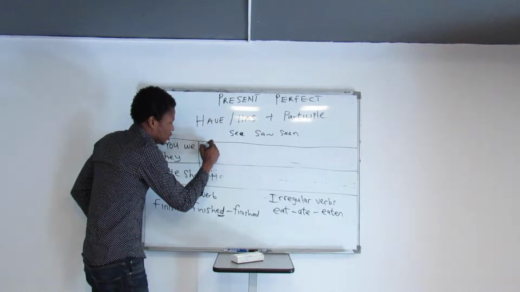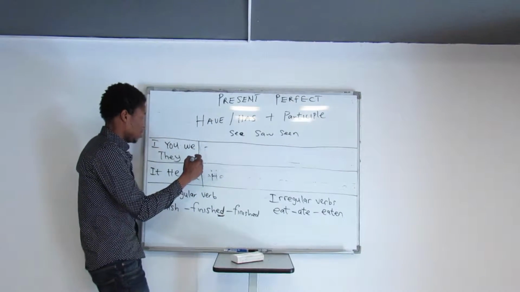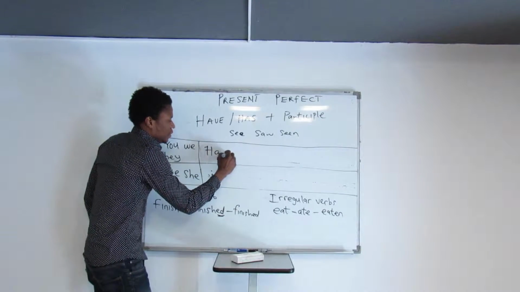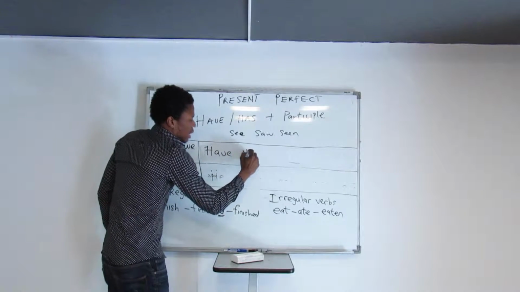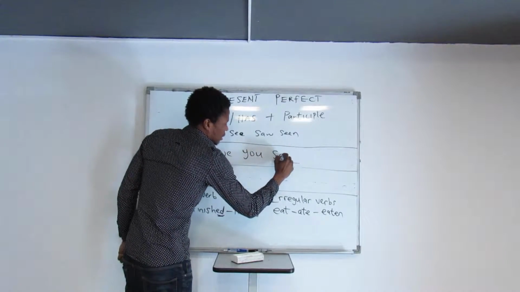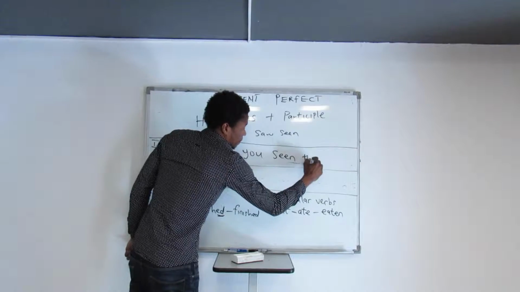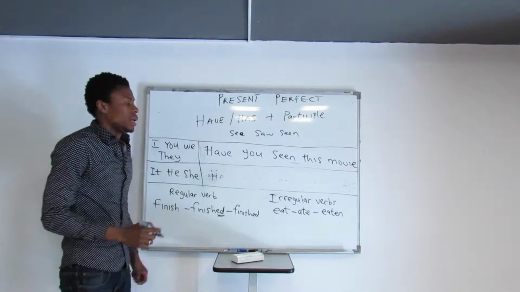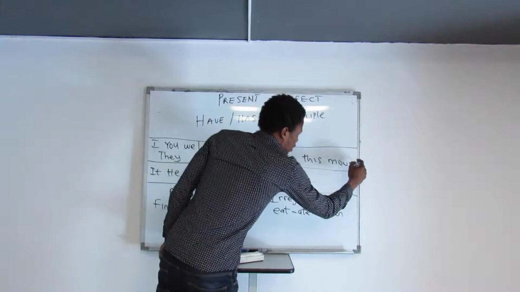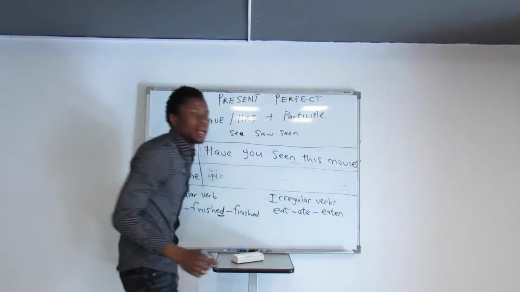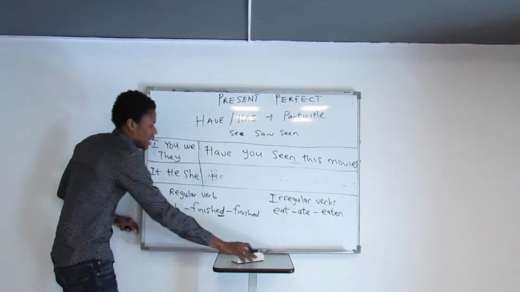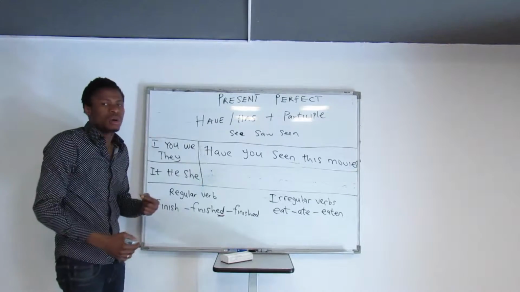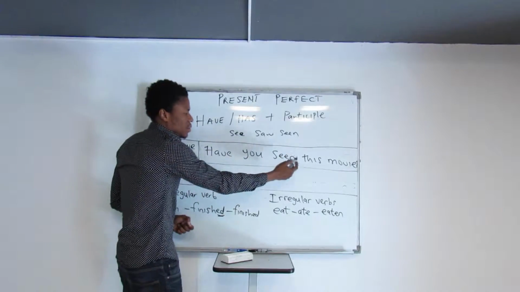So I can just ask my friend a question, let's say, have you seen this movie? And don't forget your question tag, but the most important thing is, have has to come first. Have you seen this movie?